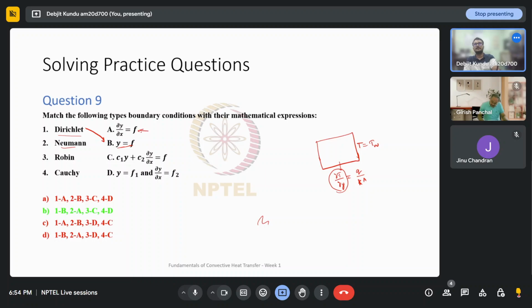An example is given here, dou y dou x is equal to f. So the gradient of y is given and not y itself, which should have been given in case of a Dirichlet type boundary condition.